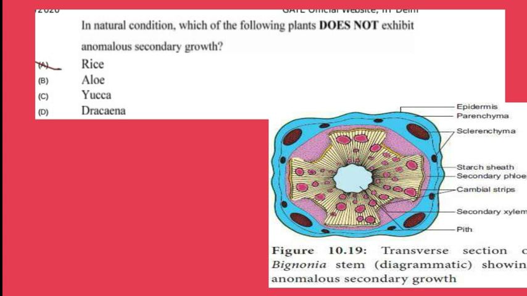In this type of growth, a series of cambia is formed outside the oldest phloem, which later forms patches of meristematic cells and conjunctive tissue. So here in this image, we can find secondary anomalous growth. Here is a transverse section of a Bignonia stem and it shows anomalous secondary growth.